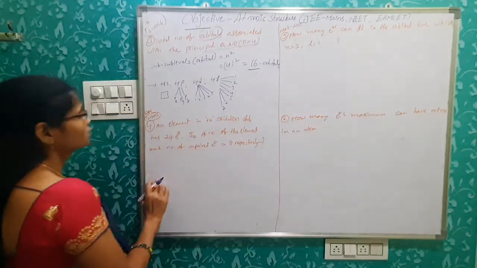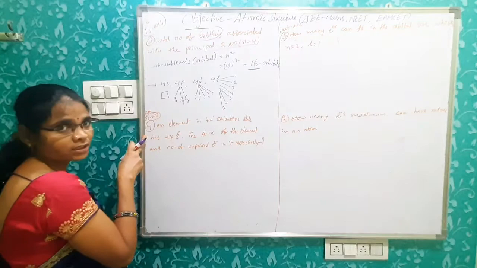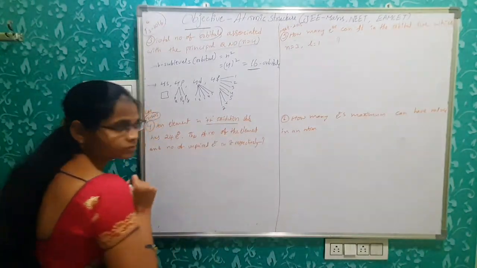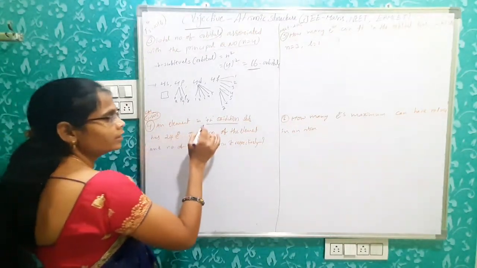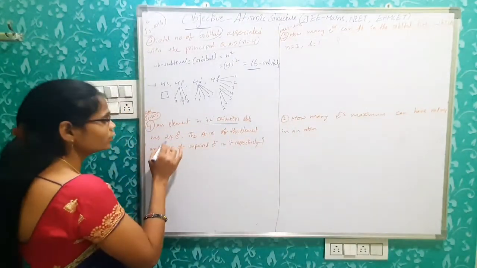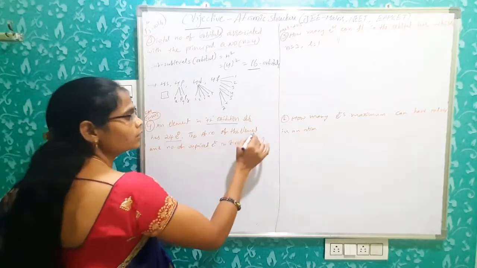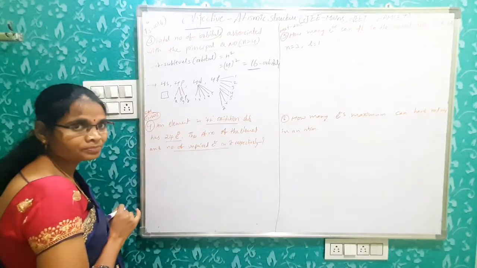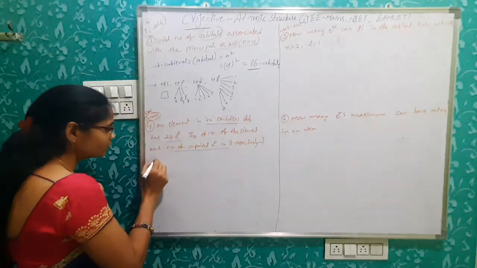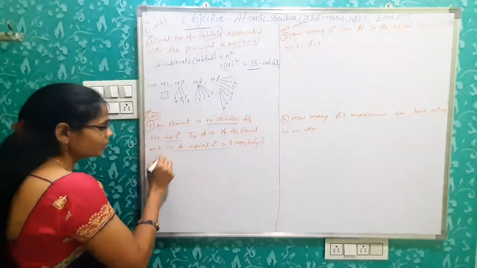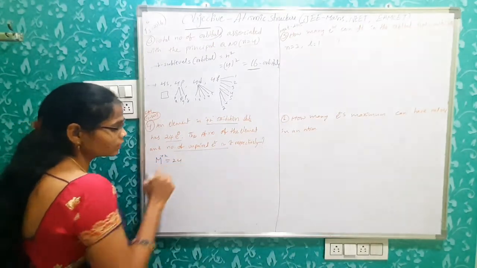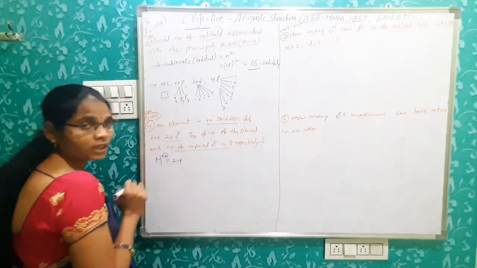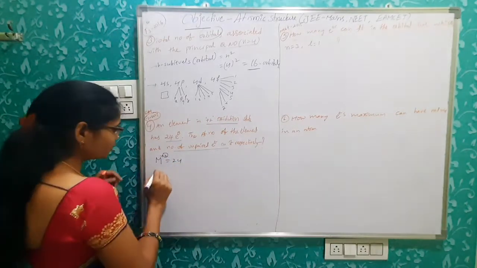Next question, also previous TS 2015. An element in +2 oxidation state, listen to me carefully, has 24 electrons. The atomic number of that element and the number of unpaired electrons in it, respectively. Suppose that element M in +2 state has 24 electrons, means by loss of 2 electrons it has 24 electrons.